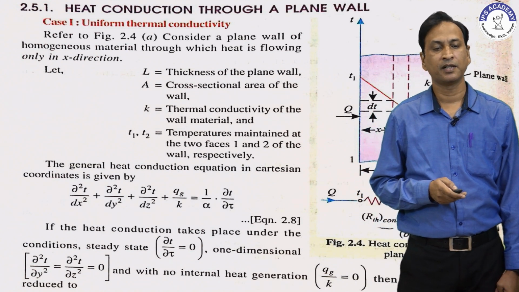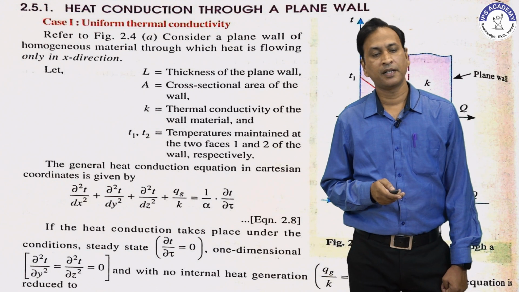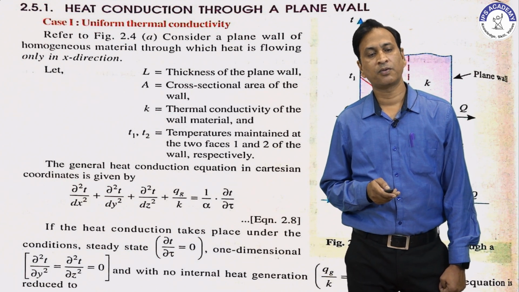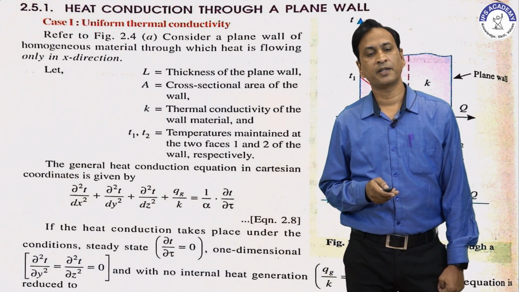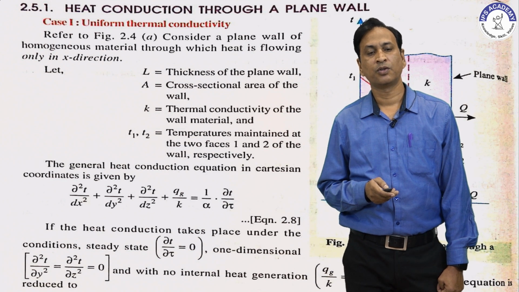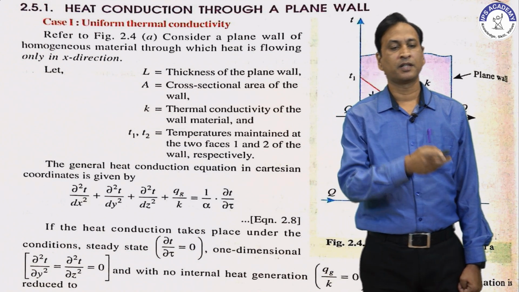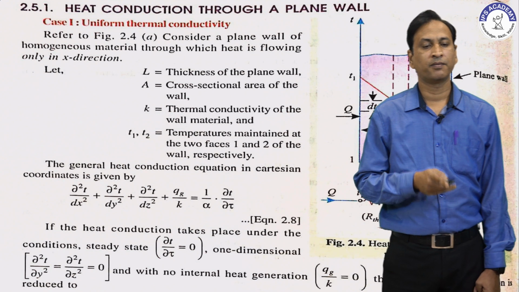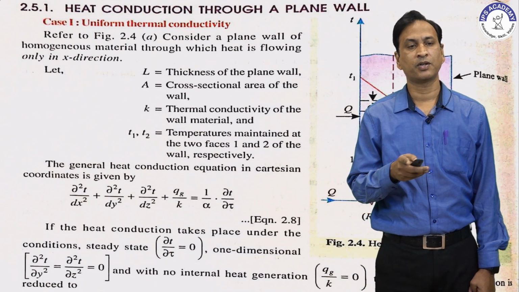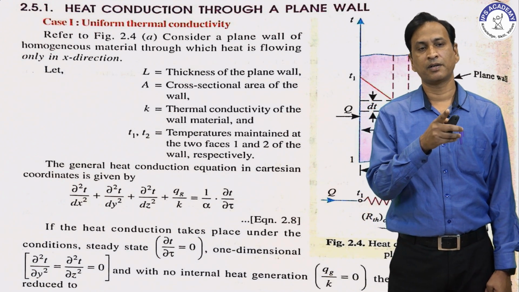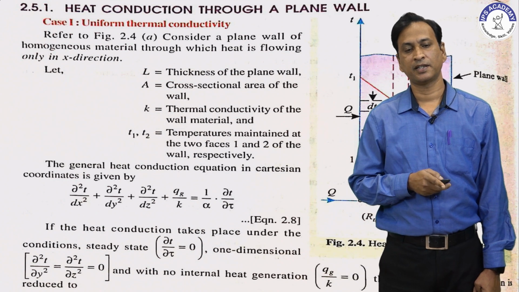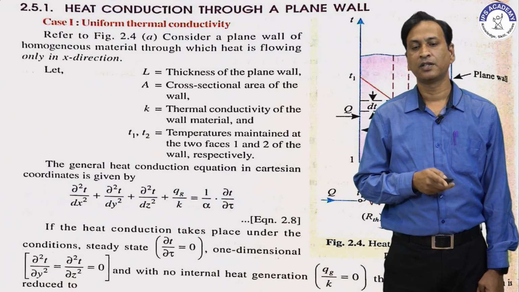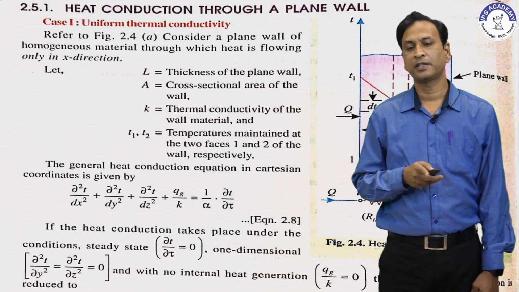The terms del square T upon del y square and del square T upon del z square are 0 because the heat transfer is only in the x direction, and there is no internal heat generation, so qg upon k is equal to 0.